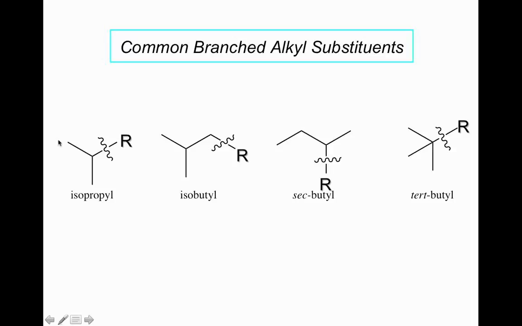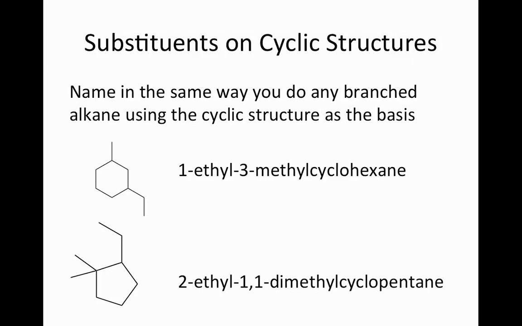Starting from the left with our isopropyl group from the previous slide, we see 3 different versions of butyl substituents, including isobutyl, sec-butyl, and tert-butyl. Although there are other branched alkyl substituents that you'll encounter in the book, these 4 are the ones that we will encounter most frequently, so you should learn to recognize them as soon as possible.